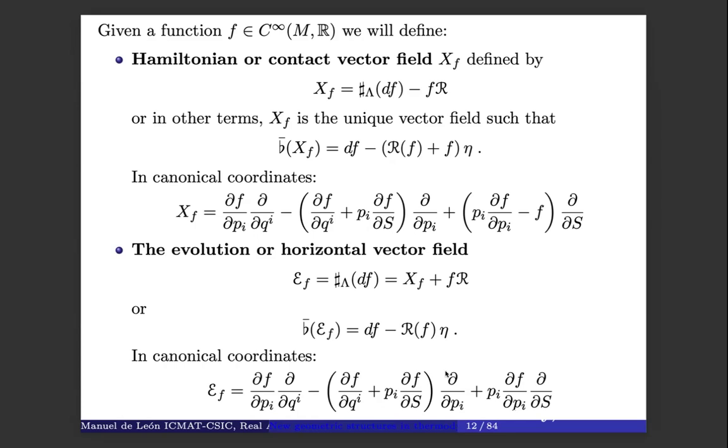The Hamiltonian vector field is defined in this way, using these mappings. This is the local expression of the Hamiltonian vector field with Hamiltonian f, and the evolution vector field, which is a modification of the Hamiltonian vector field using the Reeb vector field. And at the bottom is the local expression of the evolution vector field.